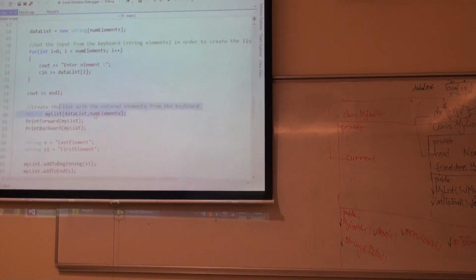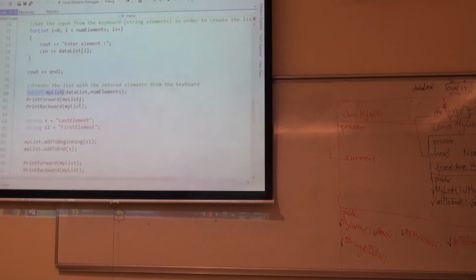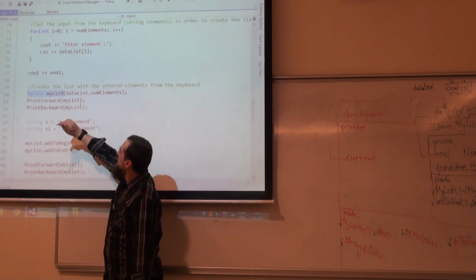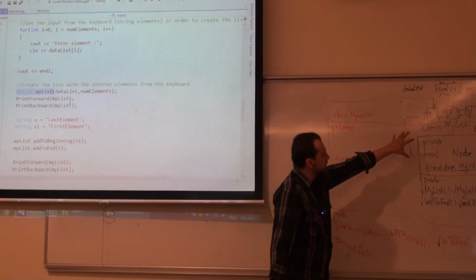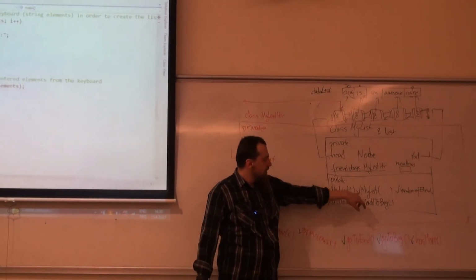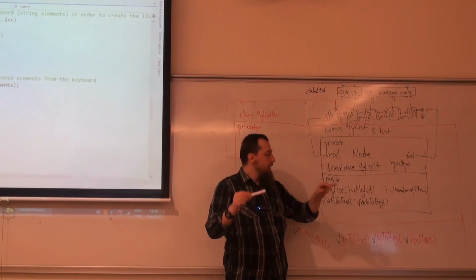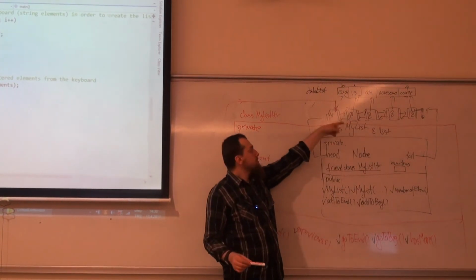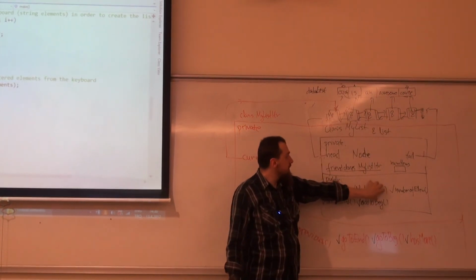Afterwards, I create my list, which takes data list as a parameter and number of elements. If you remember, my list had a constructor. This constructor took an array and the number of elements of that array, and we are adding those elements in the beginning, which your friend pointed out, okay?